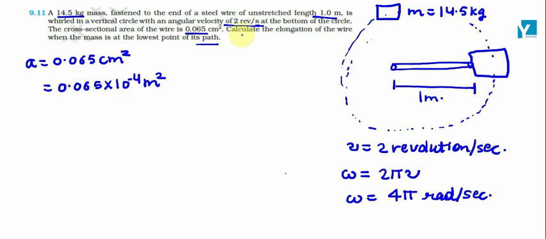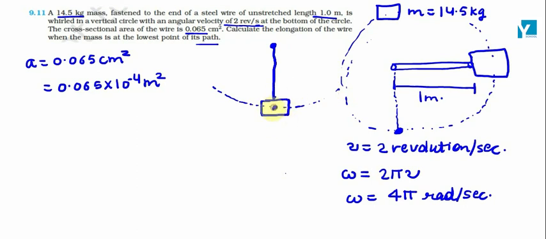Now we are asked to calculate the elongation of the wire when the mass is at the lowest point of its path. So when the mass is at the lowest point of its path in this vertical circle, if I redraw it, this is my wire, having a certain cross section which is given to us, and at this point of the vertical circle we have to calculate the elongation.